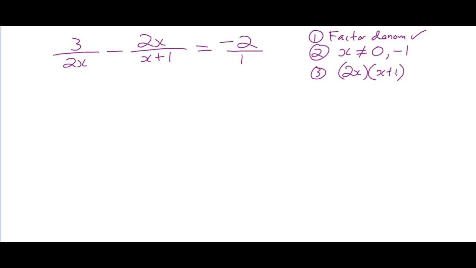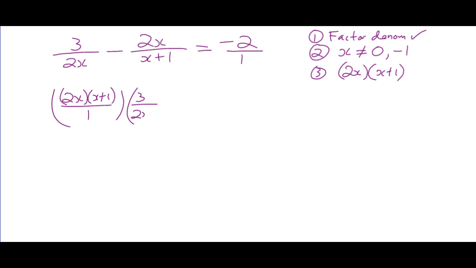Okay, step 4 is multiply. Well, 3 is the LCD, so then multiply everything by the LCD. Now, there's the way I've been doing it, so I'm going to do this a couple of different ways, right? So we'll just do it the way we've been doing it, and then I'm going to show you a shortcut method that you may choose to use, okay, which is perfectly valid and leads to the same result. So we're going to multiply everything by 2x times x plus 1 over 1.